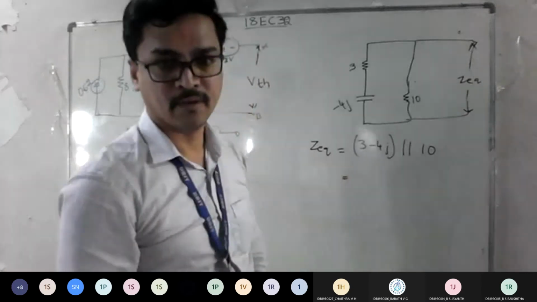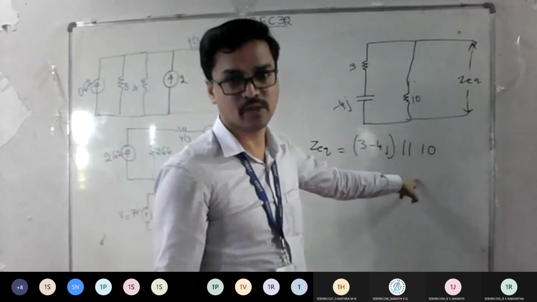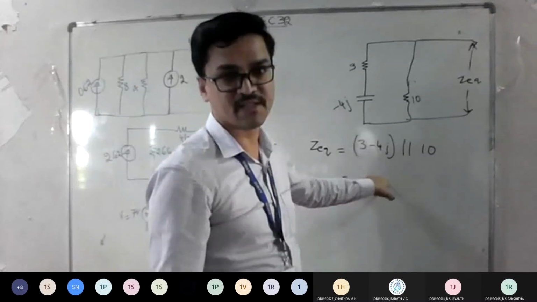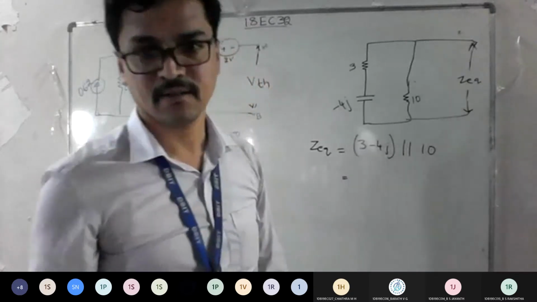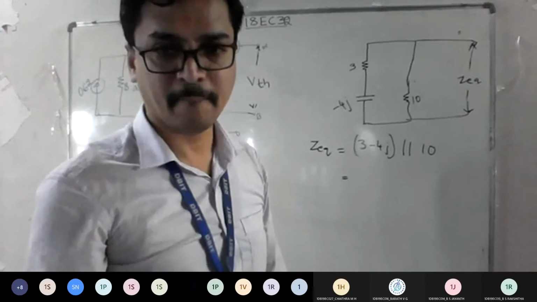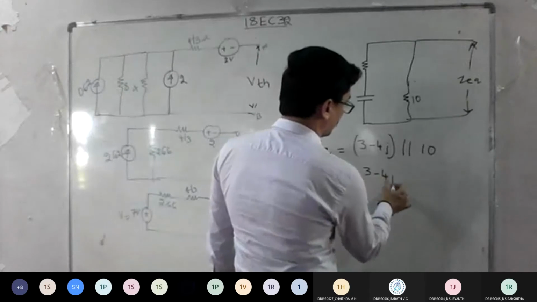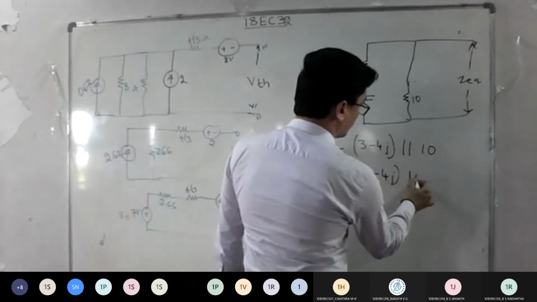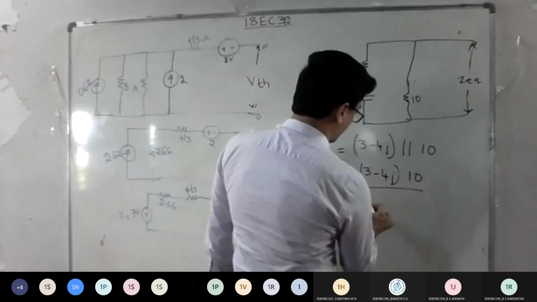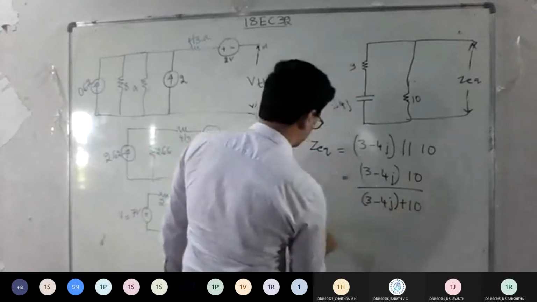It becomes (3 minus 4J) into 10, divided by (3 minus 4J plus 10). So (3 minus 4J) into 10 divided by (3 minus 4J plus 10). What's the answer?